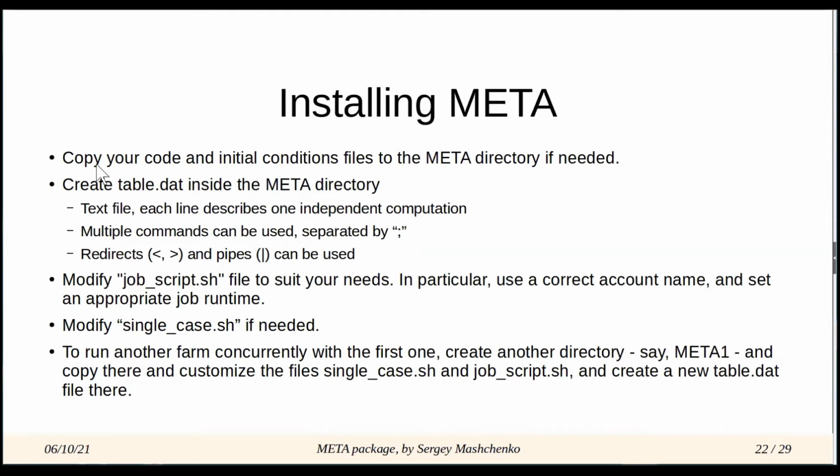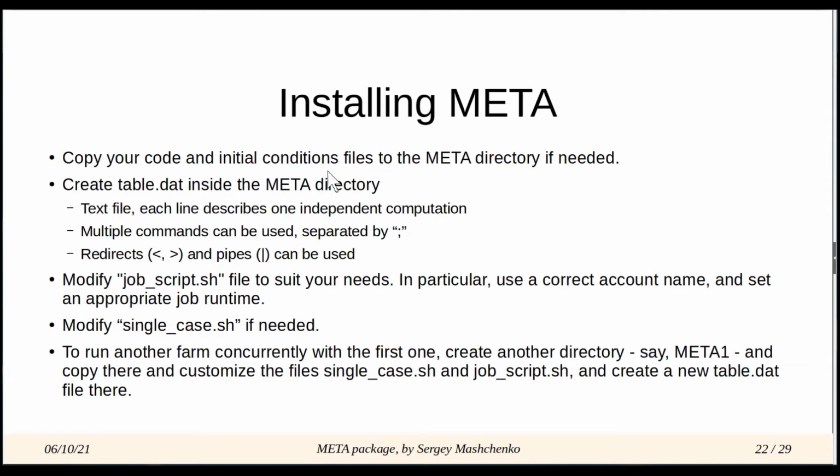What you do next, you copy your code and initial conditions to this meta directory, which was created when you did git clone. It's the default name, the meta directory. Or alternatively, usually it's more convenient to use a full path or relative path for your code.